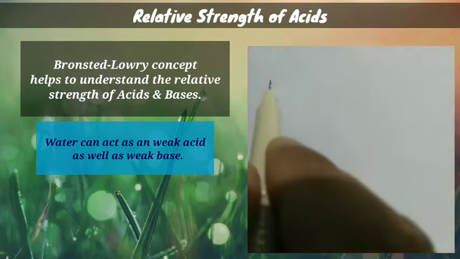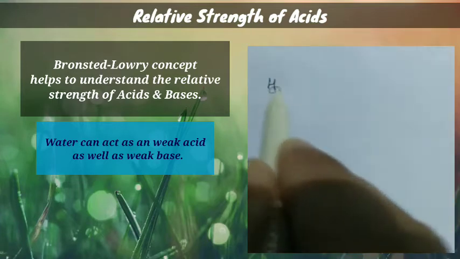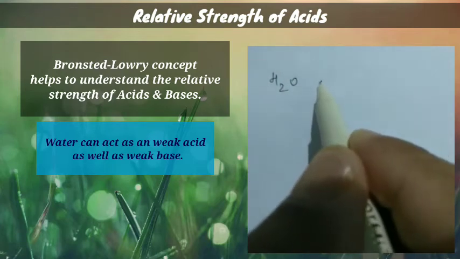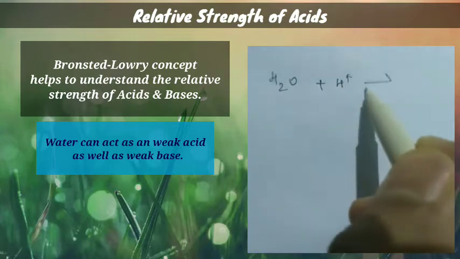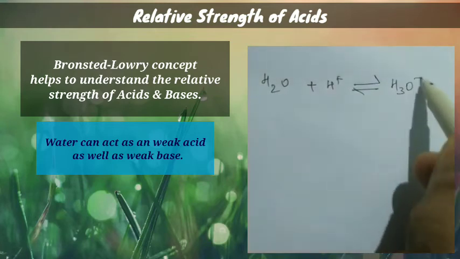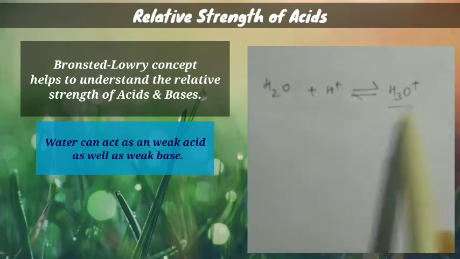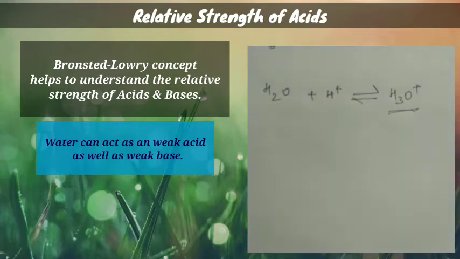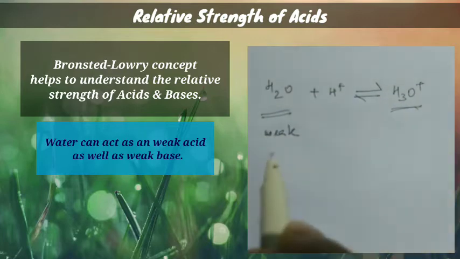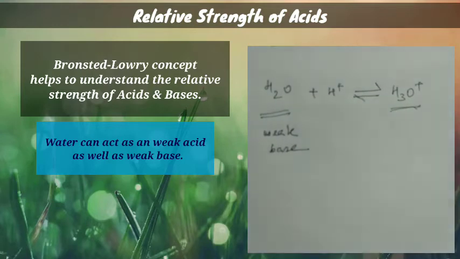If you consider this one is H2O, and let's suppose it takes some H positive ion from an acid, then it will become H3O positive. So this H3O positive is a very strong conjugate acid, remember this point. So that's why water is considered a weak base. Clear?